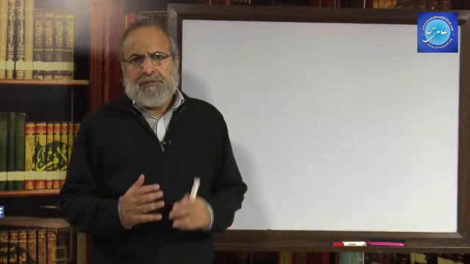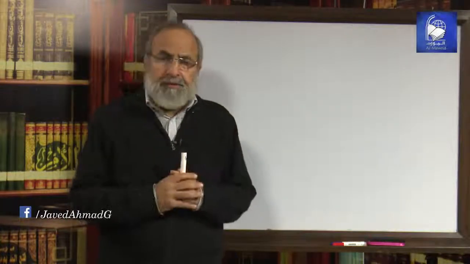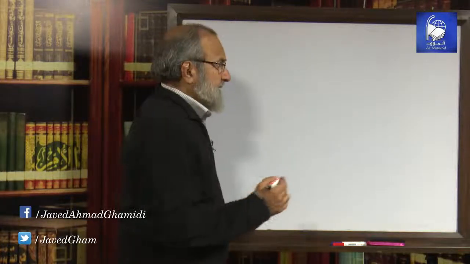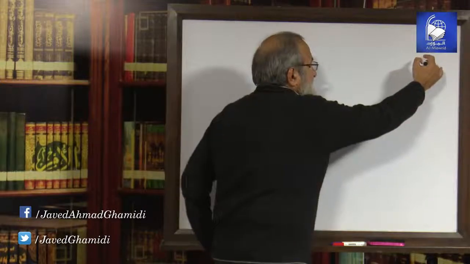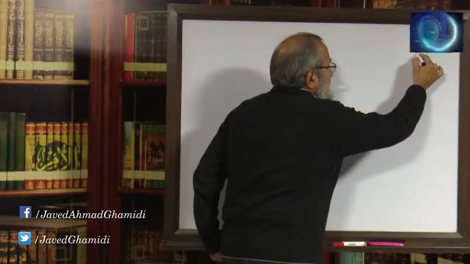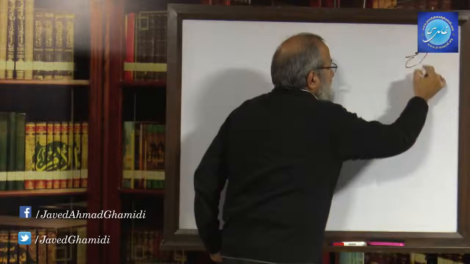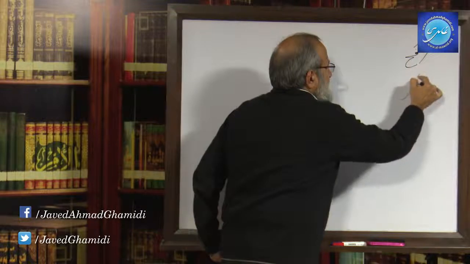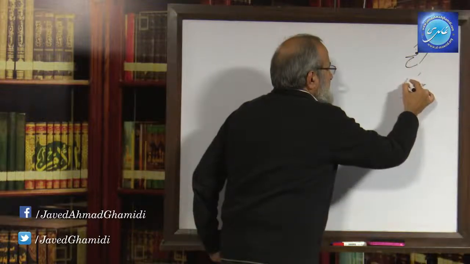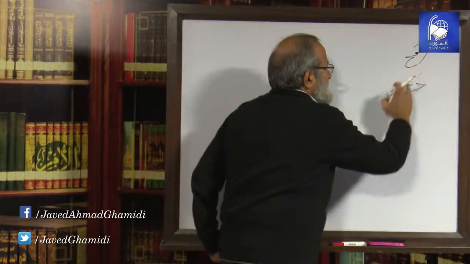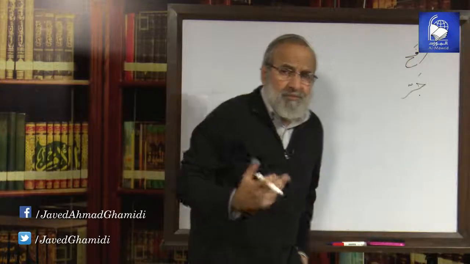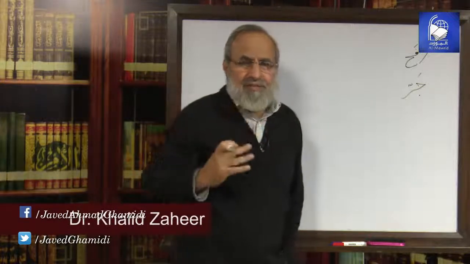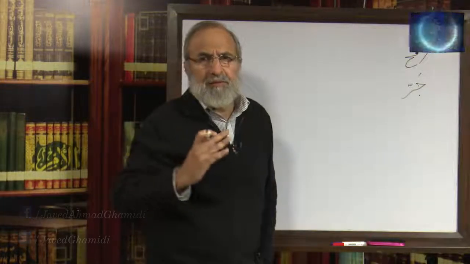In our discussion on nouns, we have reached a point wherein, after having done the nouns that are taking the i'rab of rafa and jar, I mentioned that I have given jar precedence over nasab, because the nouns that take jar are only two categories.